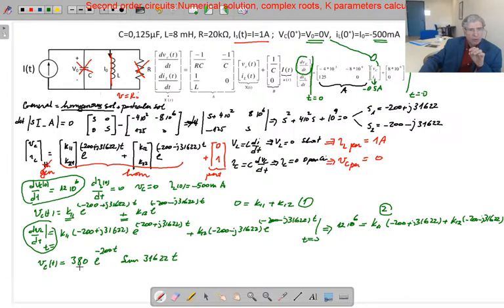So what we have done here, we calculated that Vc(t). In this Vc(t) we had only two unknowns. By using the derivative initial condition and this initial condition itself, we calculated K11 and K12 and we found this result.